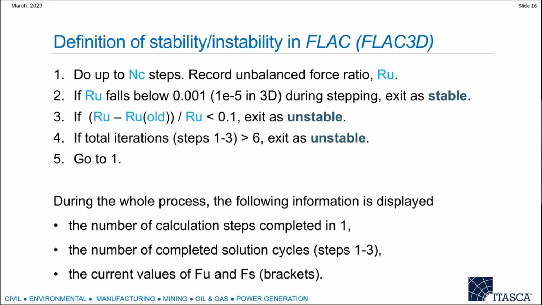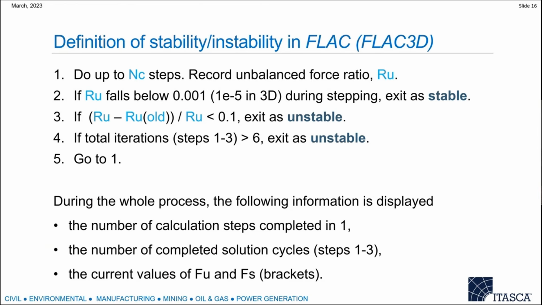If RU falls below some value, for example 0.01 in 2D and 10 to the minus 5 in 3D during stepping, then we label it as stable.